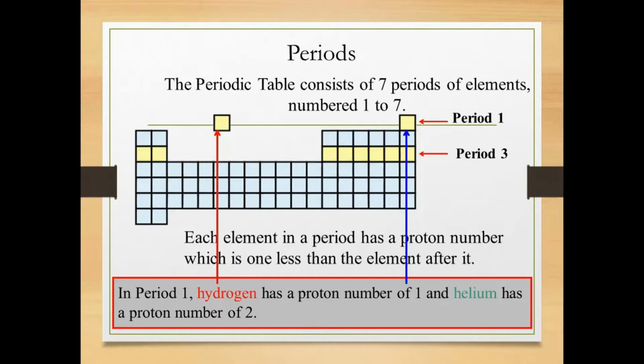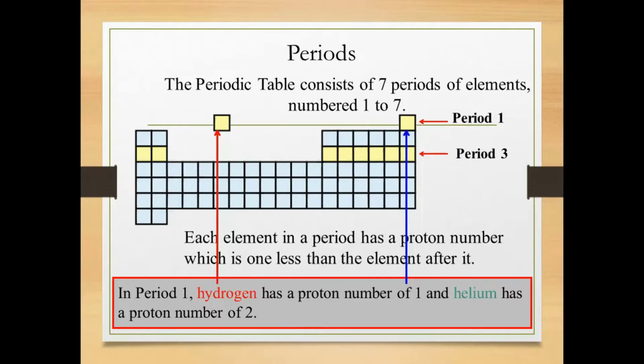It is in the first row, that means hydrogen is present in the first period, and the proton number of hydrogen is 1. The second arrow, in blue color, is showing you the presence of helium. It is in the same row, that means the first period, but in another group, the 8th column of the periodic table.